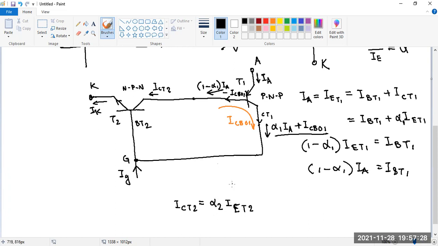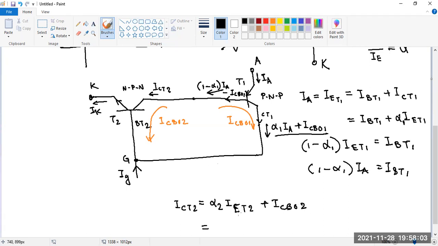Plus ICBO2. Here also you have to consider the reverse saturation current. Here the reverse saturation current direction is this, ICBO2. So the actual current flowing through this collector is alpha 2 IET2 plus the reverse saturation current ICBO2.